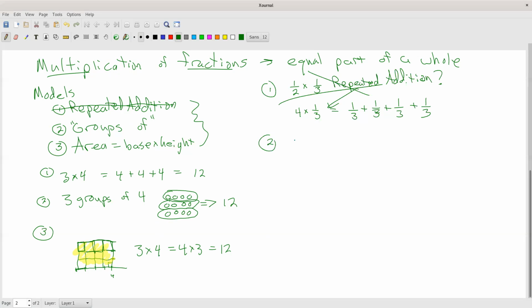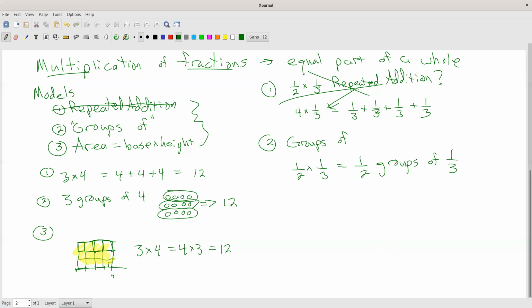Method number 2, groups of. 1/2 times 1/3 means 1/2 groups of 1/3. Well, I can definitely think of what it means to be half of a group. Like if somebody said, what's half of 12?